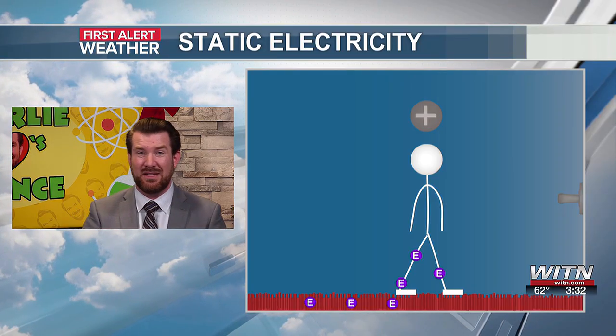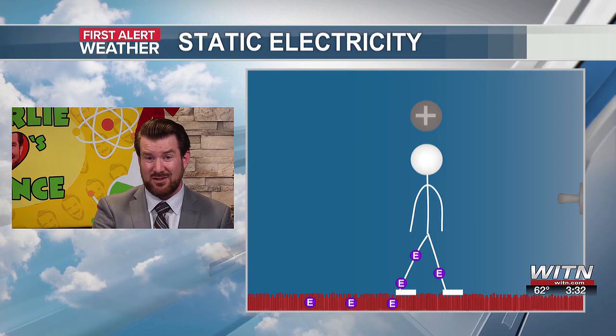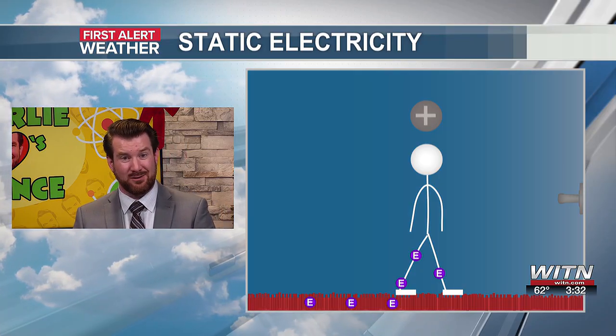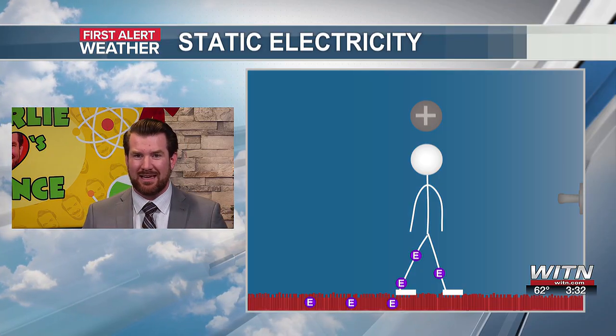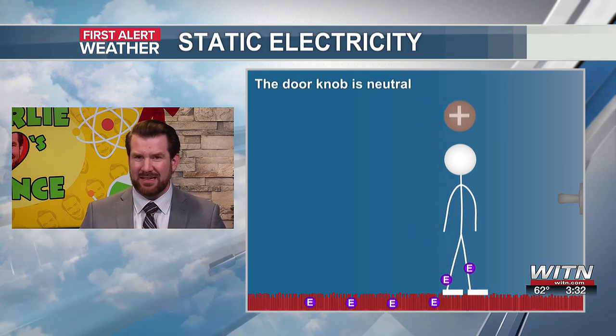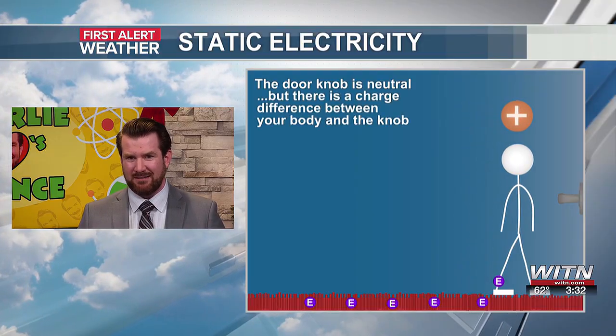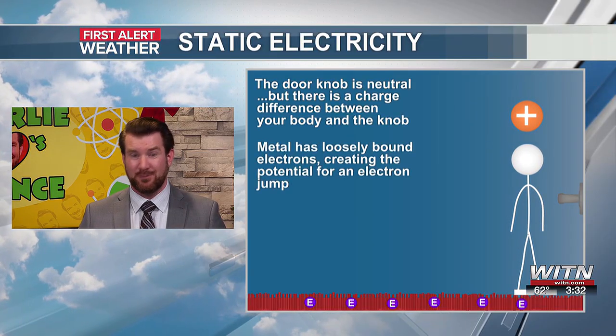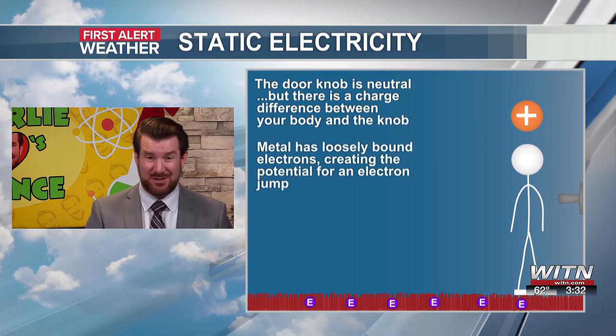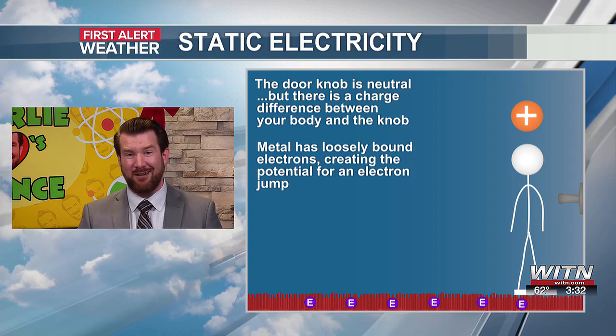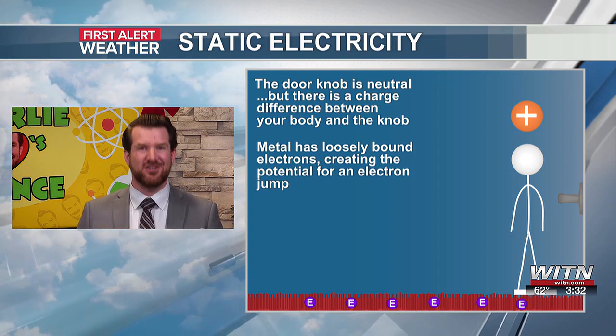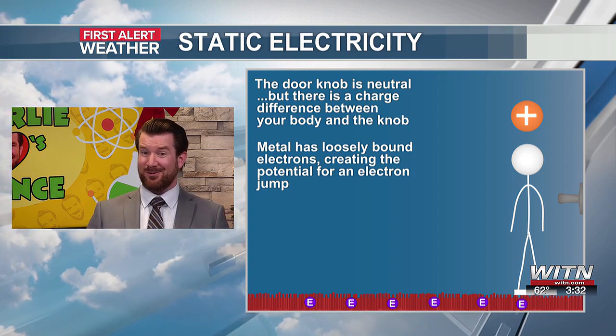So when we touch something that is not also touching the carpet, say a metal door handle, that's when we can get a discharge, where the electrons from the doorknob jump to our fingers, our hands, and we get that shock. We get that, oh, hello, surprise.